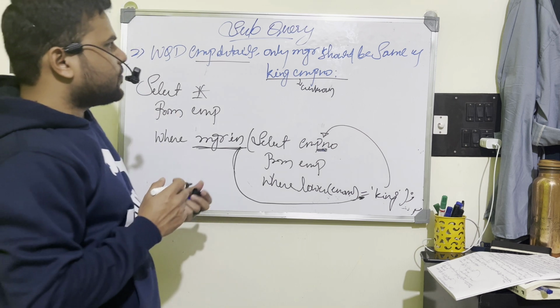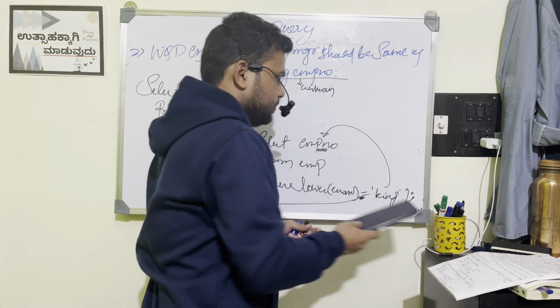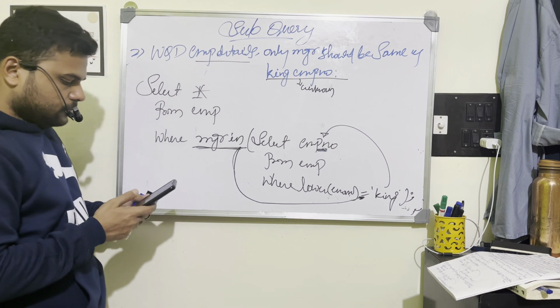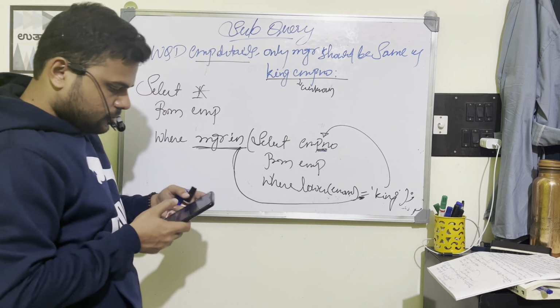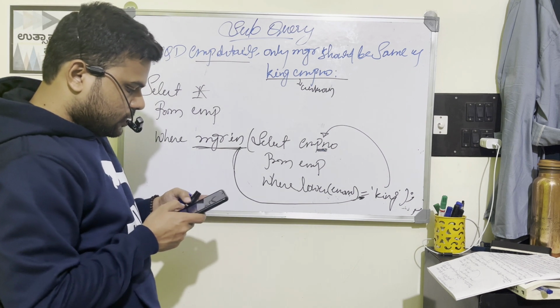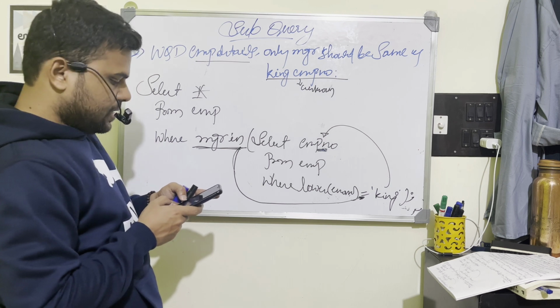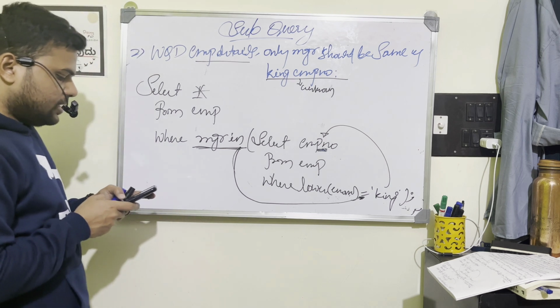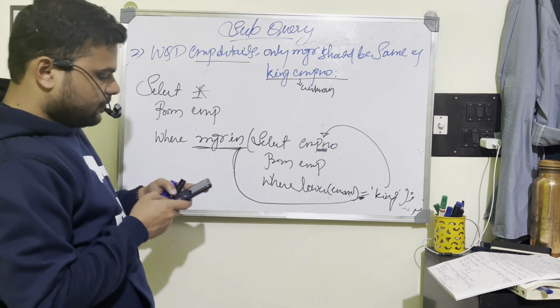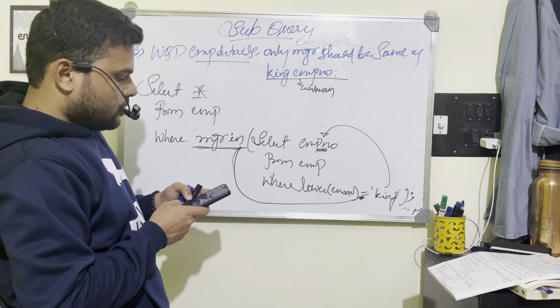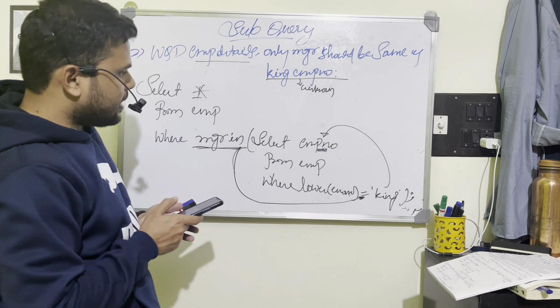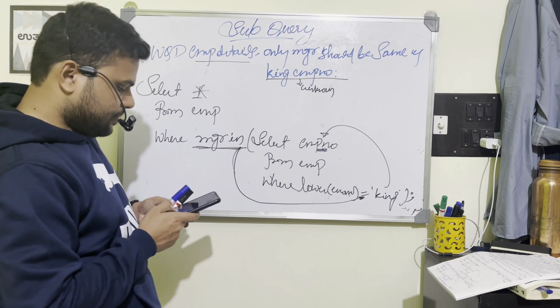Okay, let me execute this query. Select star from EMP where manager number in of select EMPNO from EMP where lower of ename equal to king, parenthesis close and terminating with semicolon.